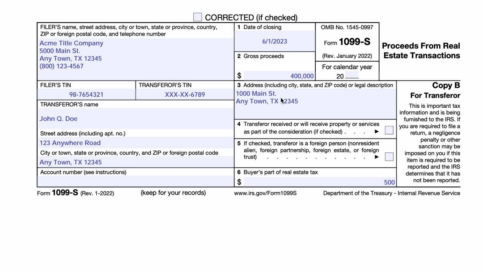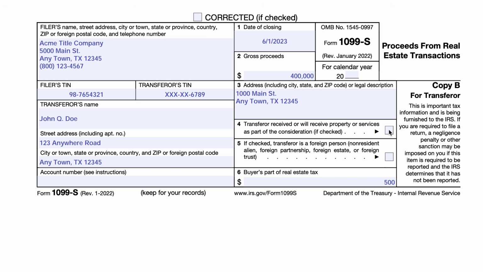In box 4, this will be checked if there were goods and services or property or services that were exchanged as part of the consideration. This might be known as a like-kind exchange, and there may be additional tax reporting requirements.